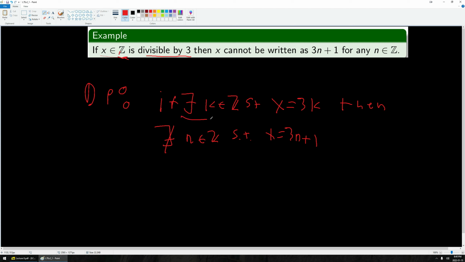Okay, so this is my assumption, and I want to show that there does not exist this thing with this property here. Well, if I wanted to show this directly, I need to show that the existence of this implies that I can't do this thing. Well, the easiest way to show that you can't do something is to assume you can and then get a contradiction, and that's not a direct proof.